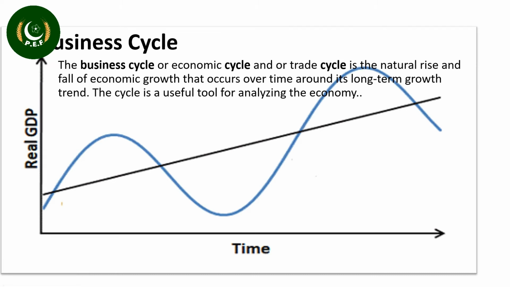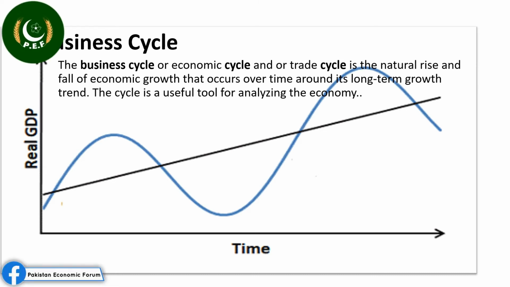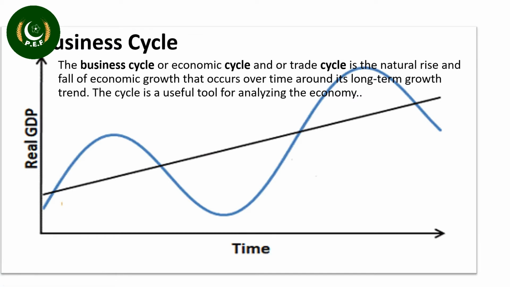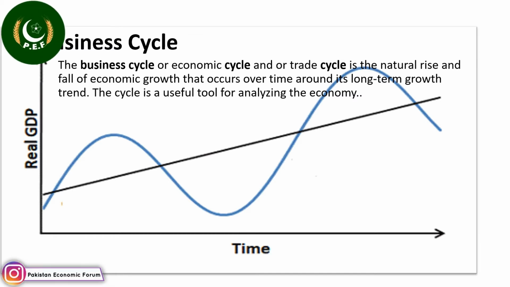That is, the output of an economy sometimes goes above its natural trend and sometimes falls below its natural trend. These up and down movements are called the business cycle.